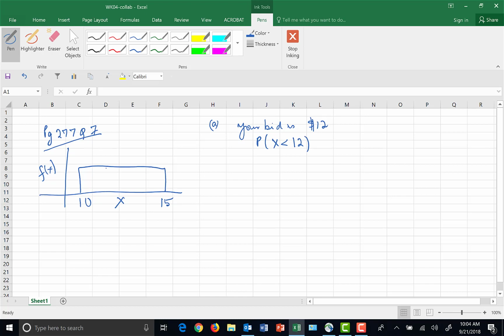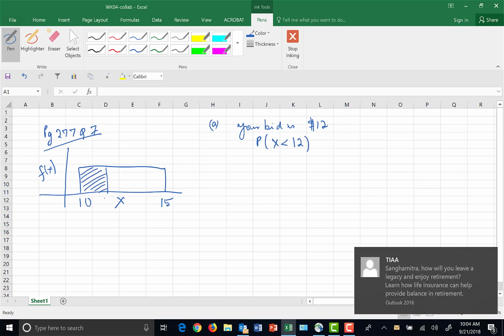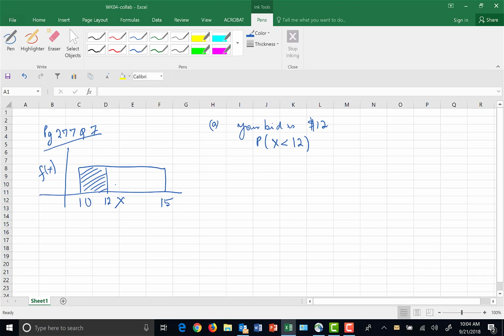So in terms of areas, this is how, if you recall, we did it in class. If the competitor bids less than $12,000, then you win because you bid 12,000. And so what is the probability of that? Probability of any uniform continuous distribution is the shaded area, which in this case is base multiplied by height.